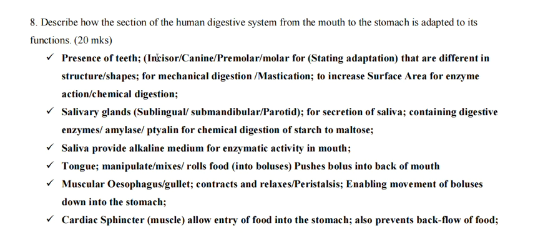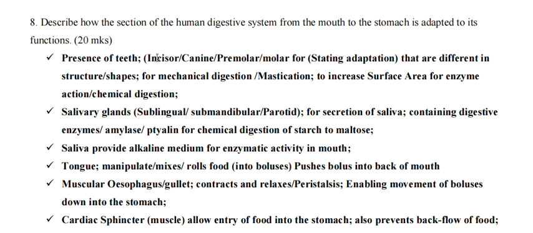Presence of teeth, that is incisor, canine, premolar, and molar, that are different in structure or shapes for mechanical digestion, what we call mastication, to increase surface area for enzyme action. And maybe the teeth, when you name a specific teeth, you must give the correct adaptation.